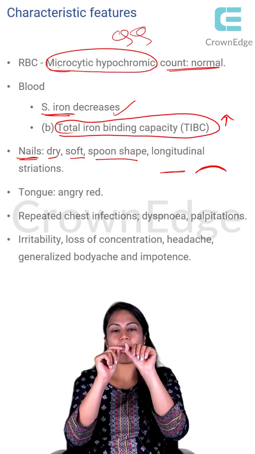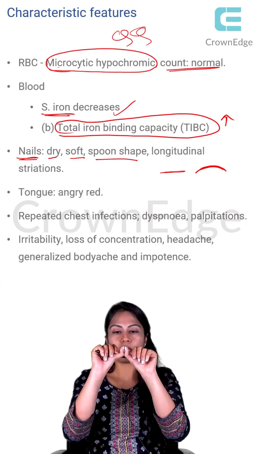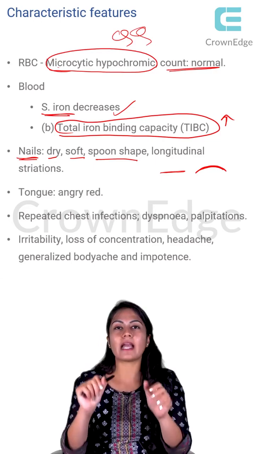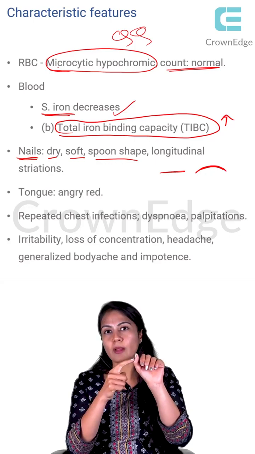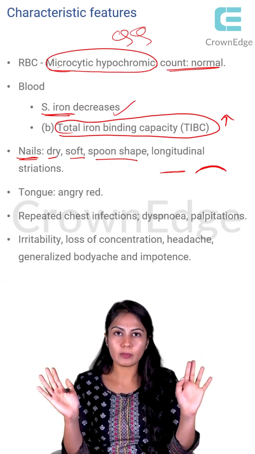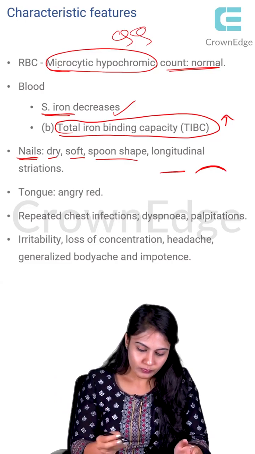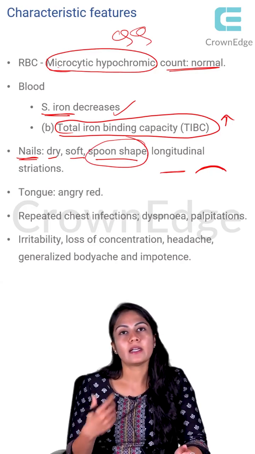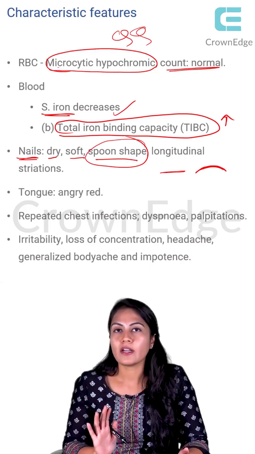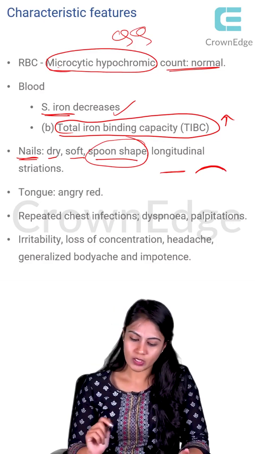And you can see the gap between the two thumbs. If this gap is shaped like a diamond, it is normal. In spoon-shaped nails the gap is not seen, and that is known as the diamond test. This test definitely indicates anemia.